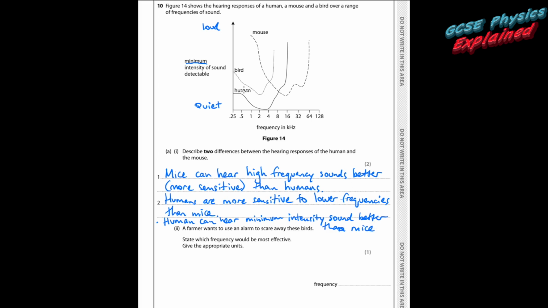And another thing you could say is humans seem to have one low intensity, whereas mice seem to have two. Humans have one low minima, mice have two. That's the low minima there, and they're the low minimas.